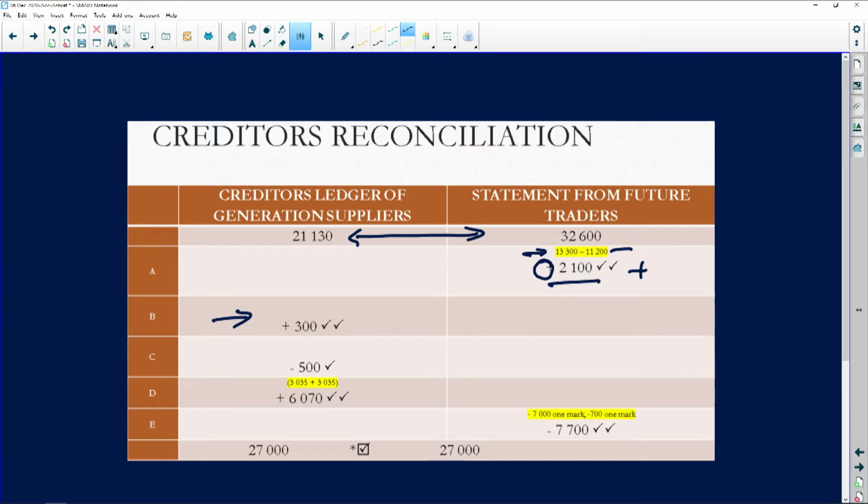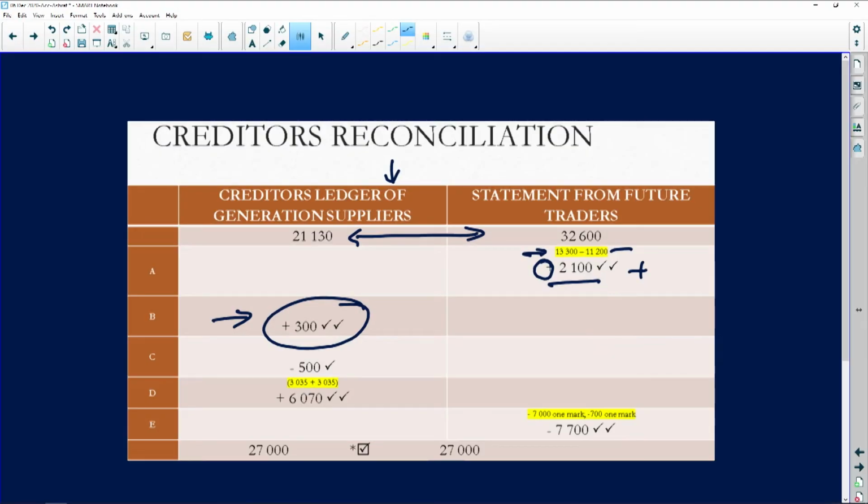Now what do we do? We add it back. Therefore, plus 300 to indicate we're reconciling. We're saying, okay, fine, you haven't given us the discount, we'll add it back into our records. Remember, we made the mistake, so we must fix it. There's the plus 300 Rand in our books, in our ledger, in the account of Future Traders.